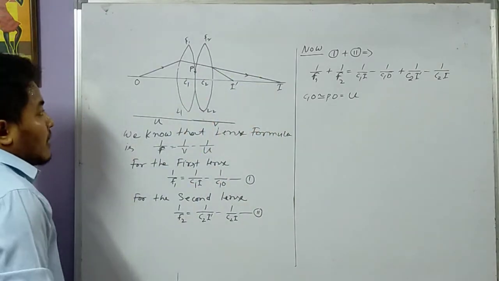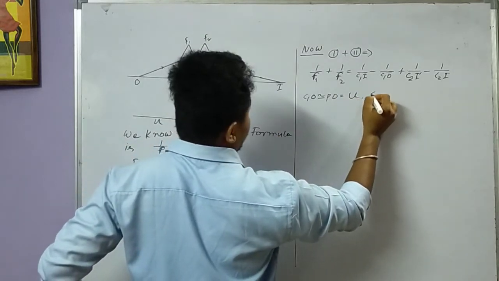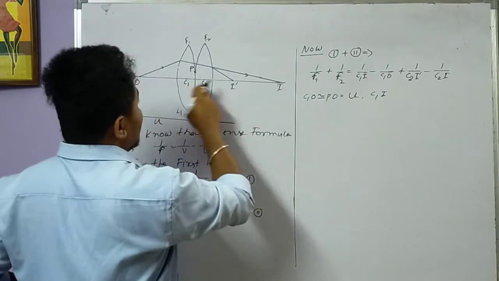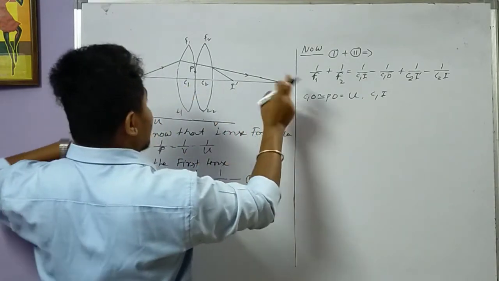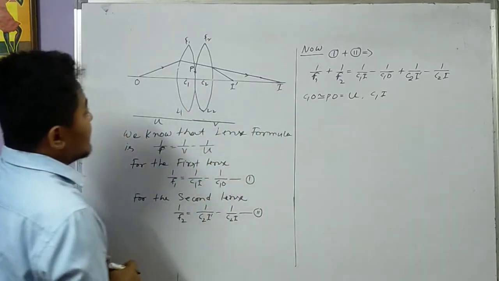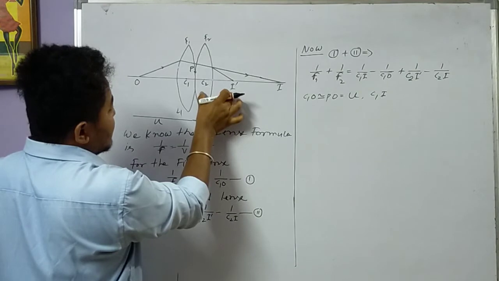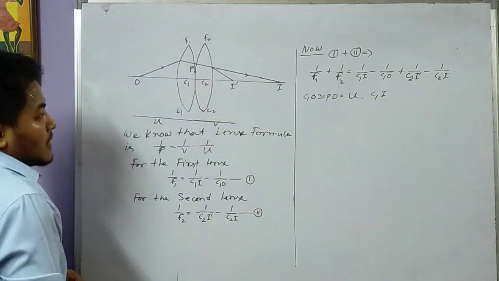So you can write now, again, C1I is nearly equal to PI. Am I clear? Also you can write that C2I dash will also be nearly equal to PI dash.